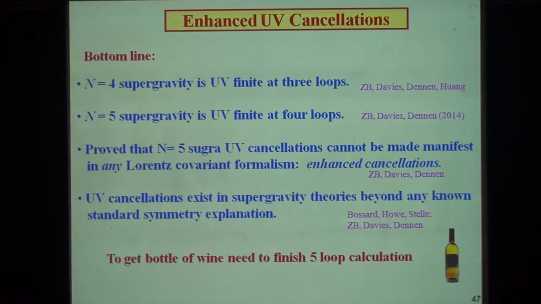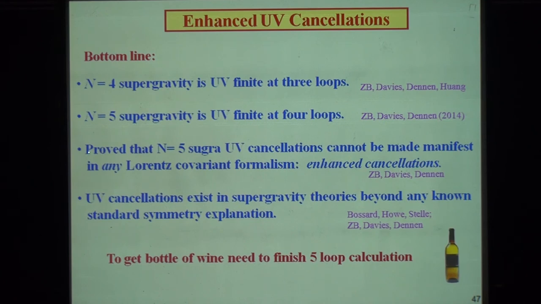Here's the bottom line. N equals 4 supergravity is ultraviolet finite at 3 loops, contrary to what people said it should be, based on standard symmetry. N equals 5 supergravity is ultraviolet finite at 4 loops, again contrary to the predictions. And in fact, there's something more specific that we found.